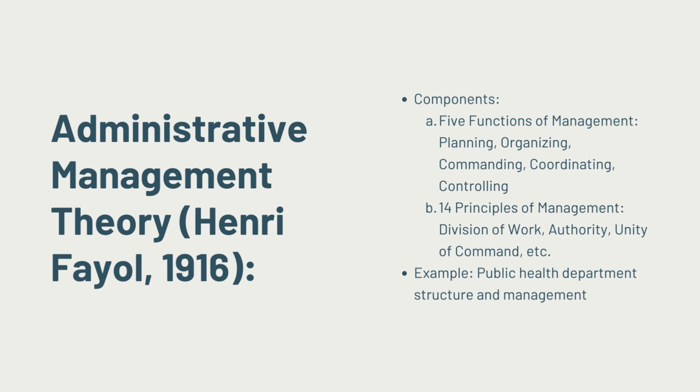Then we have unity of command. So each employee should receive orders from only one superior to avoid confusion and conflict. If you have more than one supervisor or more than one leader in place, then it is very certain that this will create confusion among the employees because each manager or each leader would give opposing or contradicting orders.